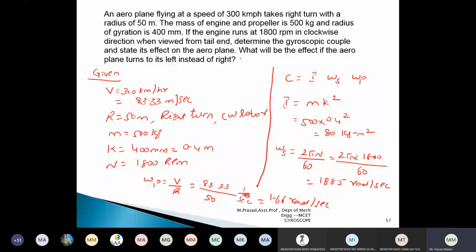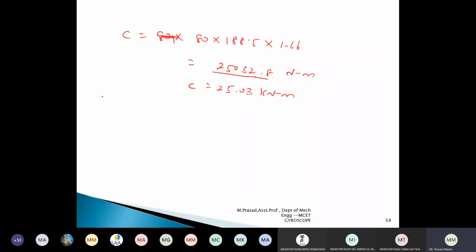For a clockwise rotor taking a right turn, you have to write the gyroscopic effect. Now he is asking, what will be the effect if the aeroplane turns to the left instead of right? You have to answer that. So you can write here the gyroscopic effect.